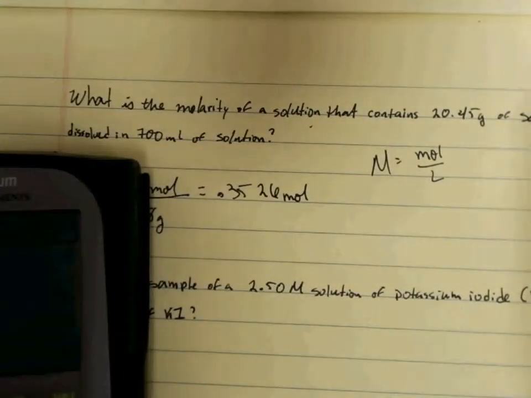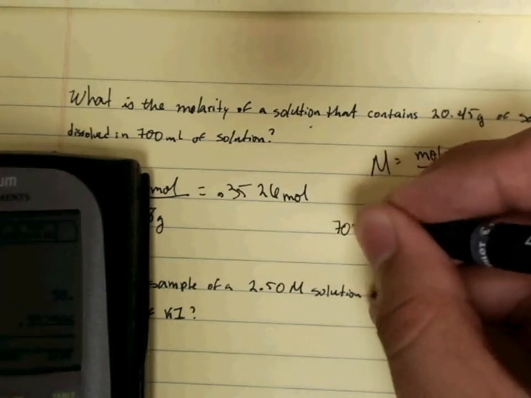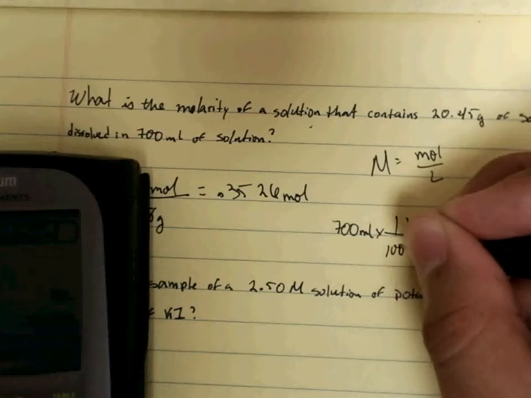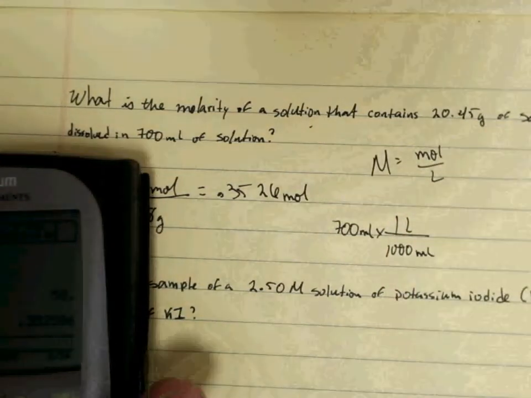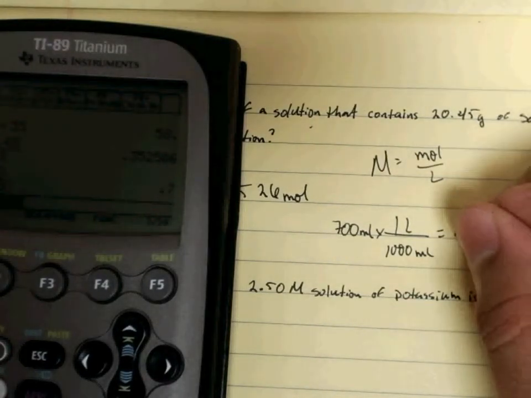So I also need to convert milliliters to liters, and I know I have 700 milliliters, and I know that in 1 liter I have 1,000 milliliters. So I'm going to do 700 divided by 1,000. That equals 0.7.